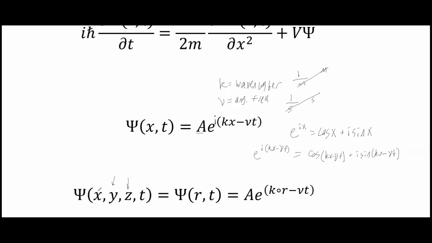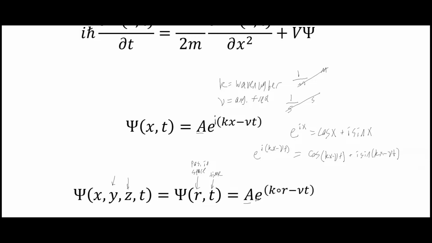But anyway, we can just collapse this x, y, z into this single r here. But this is still position in space, and t remains time, because as far as we know, there's only one dimension of time. But this gives us a wave function that looks something like this.